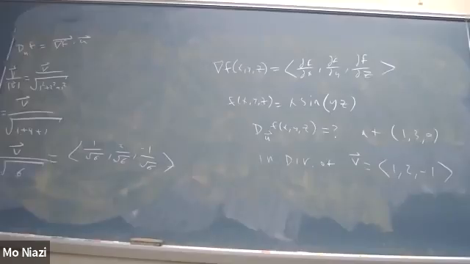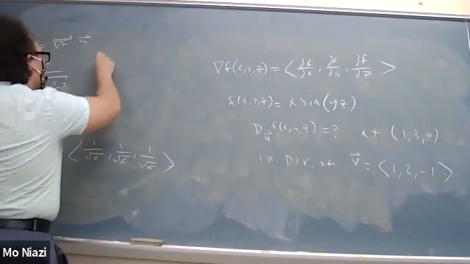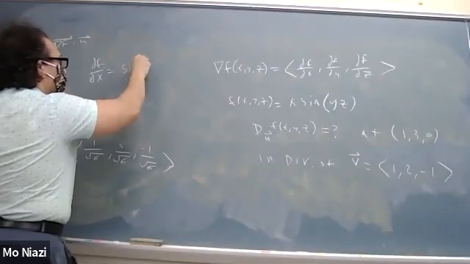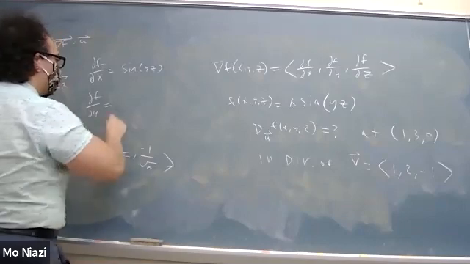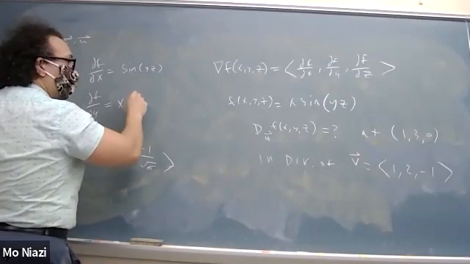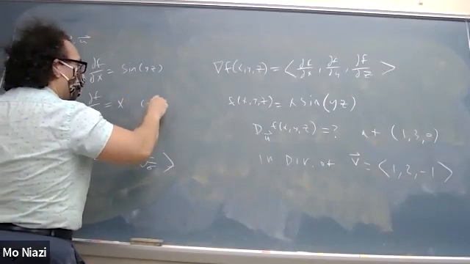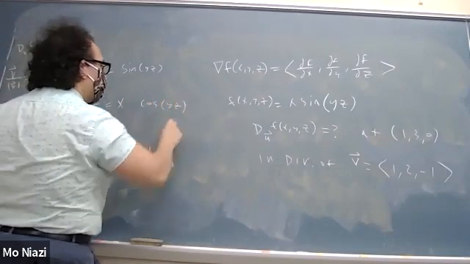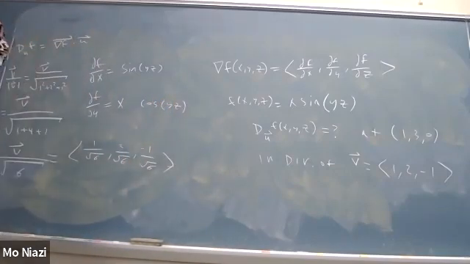Okay, so then we got to take partials. This is sine of... derivative of sine is cosine. Partial y of yz is just z.